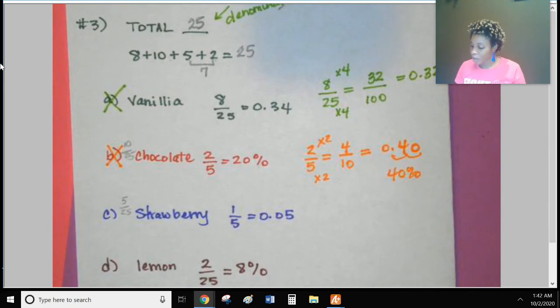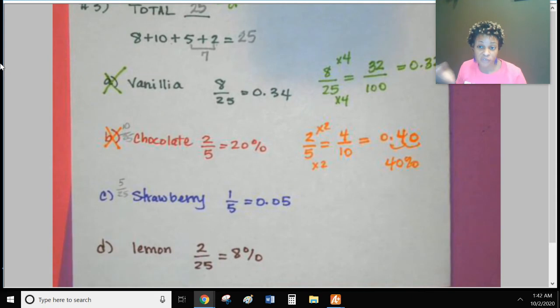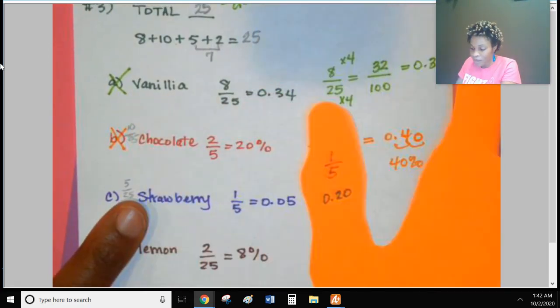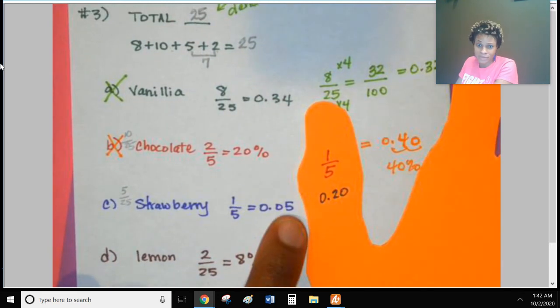Let's look at strawberry. So strawberry was 5/25. Again, they used the GCF of 5 and simplified down to 1/5. And they said 1/5 is 5/100. So hopefully if you know anything that I taught you about the hand, you know that 1/5 is 20 hundredths. So right off the bat, we know that this is not right.